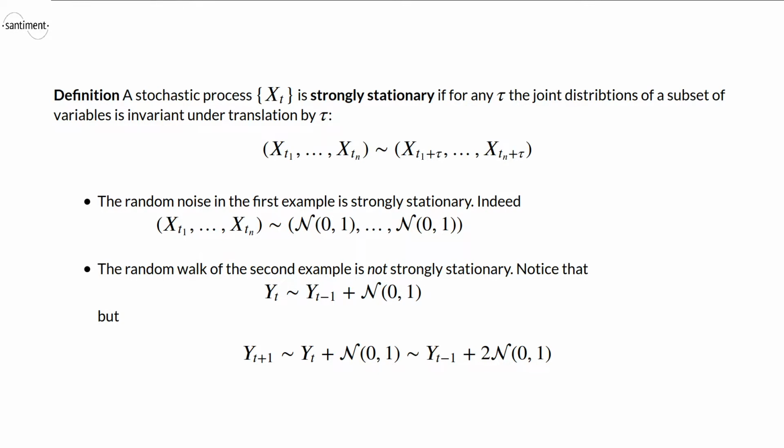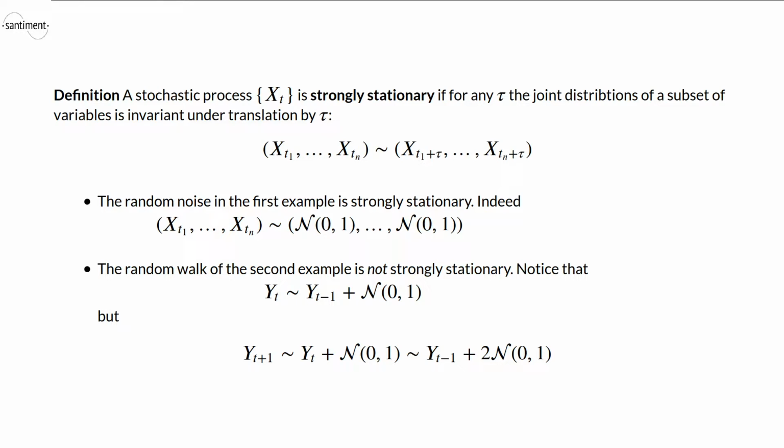So basically, if you look at the two variables, the second one has more noise than the first one. So the standard deviation of the distribution of the second variable will be larger than the standard deviation of the first distribution. So they're not the same.